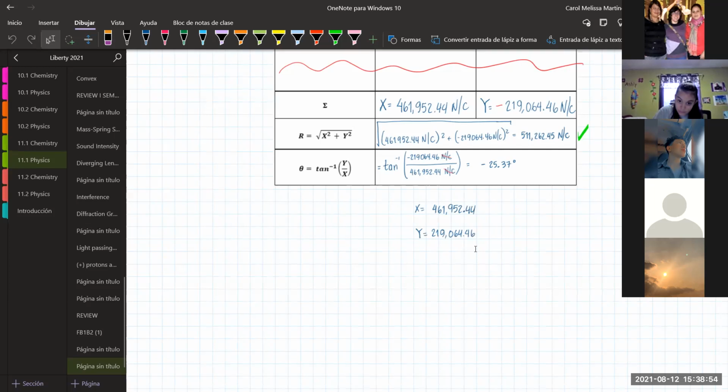So what you can do is work only with these digits. You can say that x is approximately equal to 4.6 centimeters and that y is approximately equal to 2.2 centimeters. All I did was divide by 100,000 just to make sure.